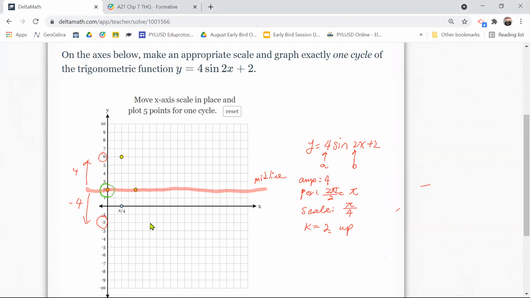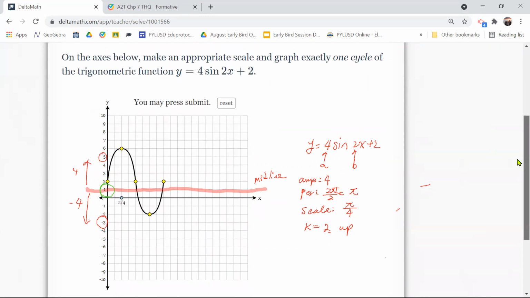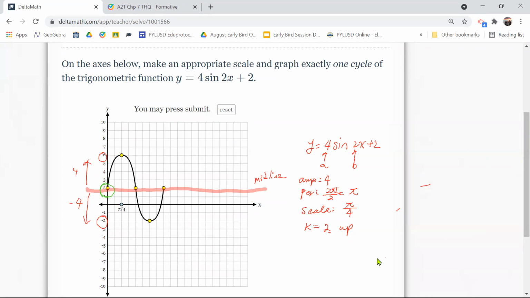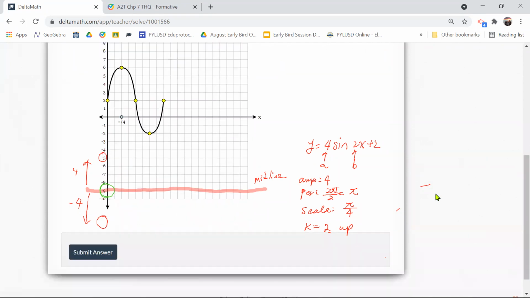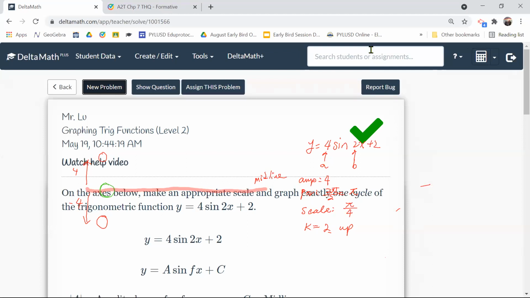Down, up. And then just kind of make sure it is symmetric. Well, the graphs. There we go. All right. And that should be the correct answer. Check it out. Hey, we got it correct.